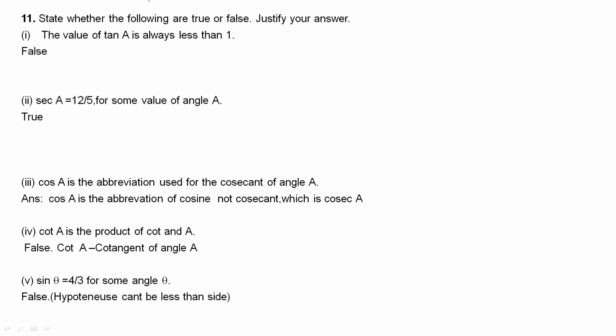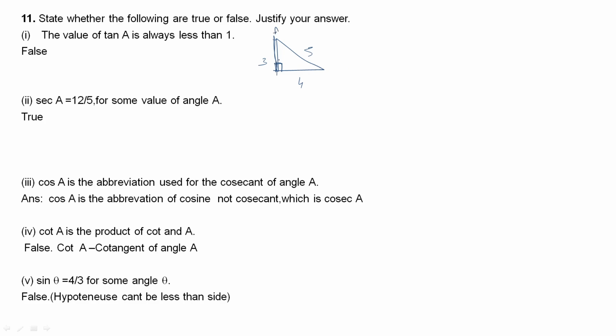So next, last question. The value of tan A is always less than 1. So this is false. Why? I have already told you regarding a Pythagorean triplet, which satisfies the Pythagoras theorem in a right angle. So what is tan A here?